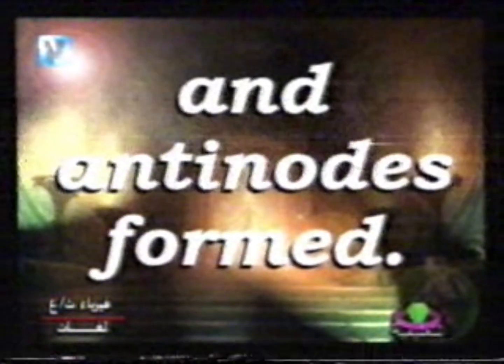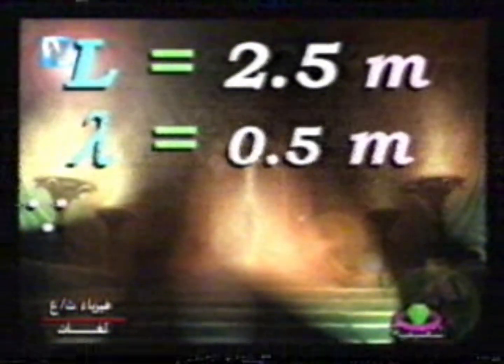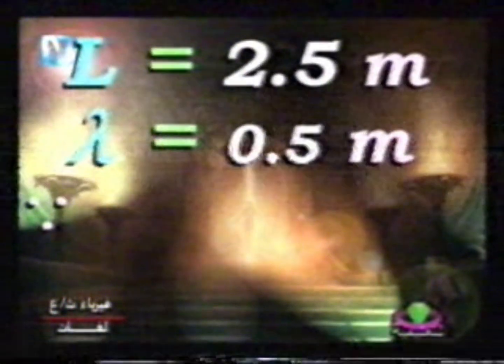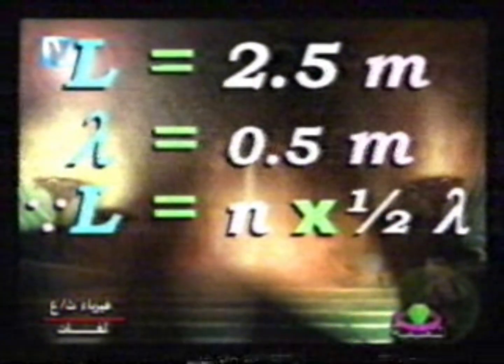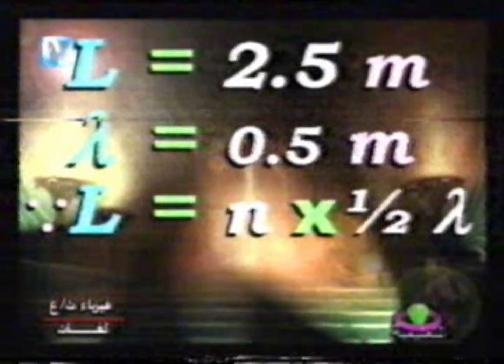The idea of this problem is to find the number of segments. Since L equals 2.5 meter, lambda equals 0.5 meter. We all know that L, the length of the string, equals N times half lambda.